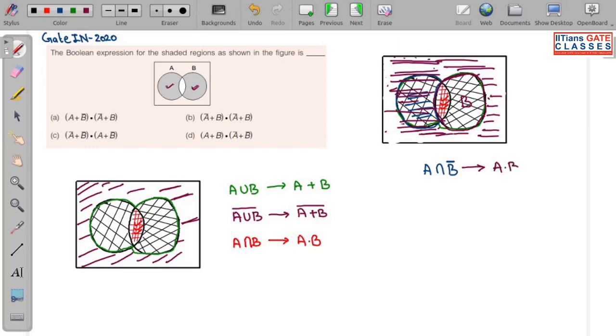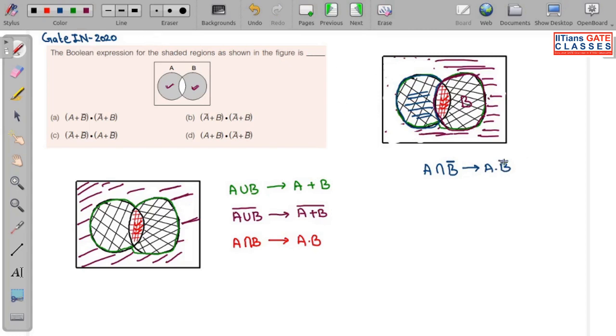A into B bar. Now let me ask you, what does this mean? A and B bar. We have to take the area common between A and B complement. My diagram is becoming very messy, wait, let me write this. So this is A into B bar.